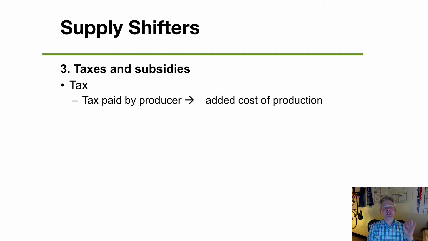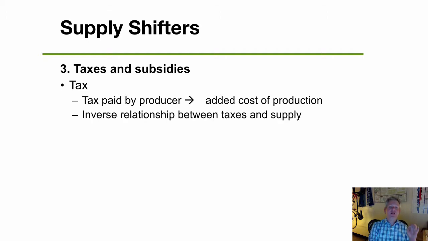If a tax is placed on a producer, that adds to the cost of production, and that will shift the supply curve to the left. There's an inverse relationship between taxes and supply. If taxes go up, supply shifts to the left, or the whole supply curve shifts down, some say.